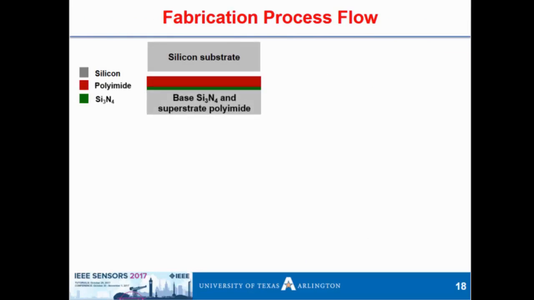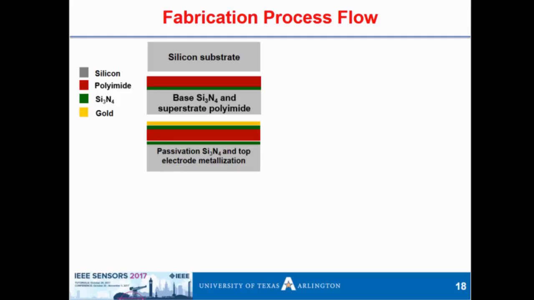So, the fabrication process: we actually built these upside down. We start with a substrate and we grow a silicon nitride isolation layer and the polyimide we spin on. That actually becomes our superstrate, not substrate, superstrate.